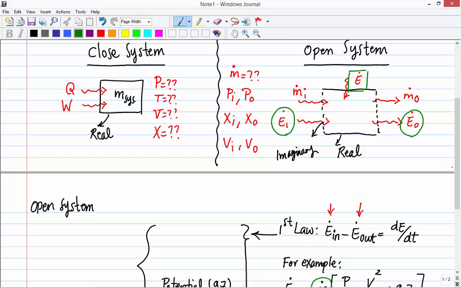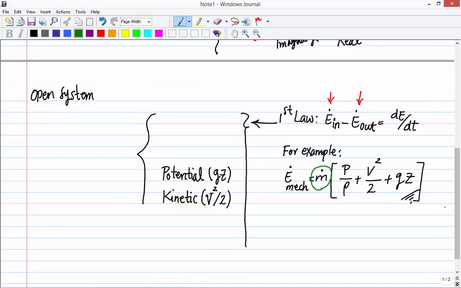So I can divide these different types of energy that the first law tells us about into two categories.